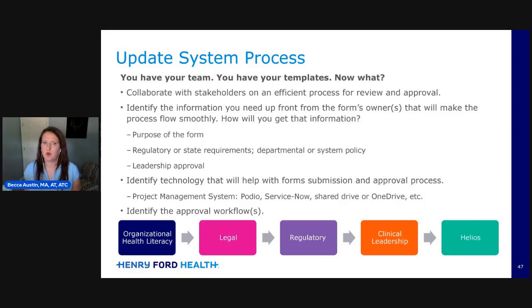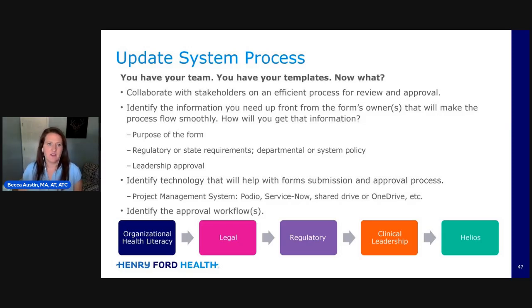So for example, Podio, ServiceNow, Shared Drive or OneDrive, again, whatever it looks like for you at your organization. That's not to say we promote any of these, it's just to say we all use something different. And so that's something to think about. You want everyone to try and get on the same page as much as possible. And there might be a learning curve, but it's worth it to get this efficient process and review and approval done so that we can make sure we're using the best forms for our patients.